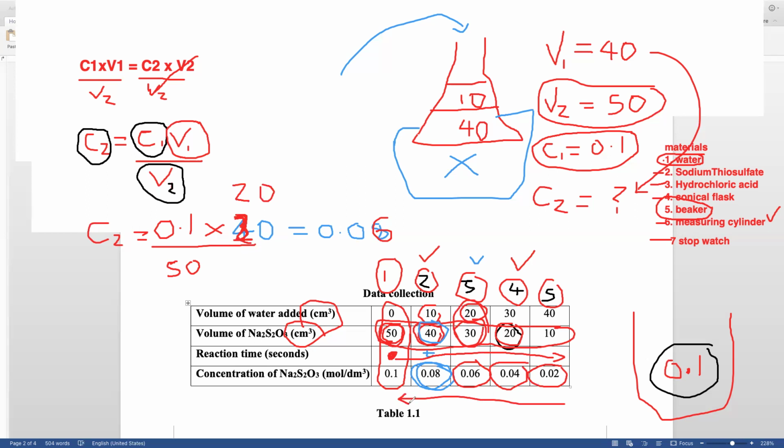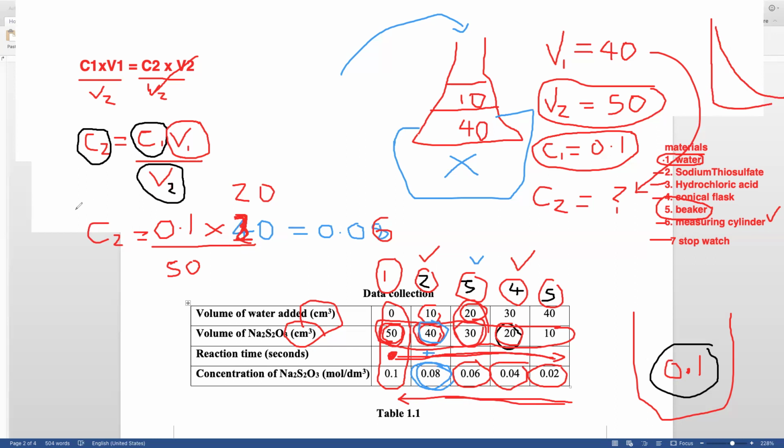Mathematically, we can see that the concentration of sodium thiosulfate and the time recorded are inversely proportional to each other. Because when we reduce the concentration, time is increasing. As a result, if this is to be plotted, you expect to have a graph of that nature with a negative gradient because it is an inverse proportion.